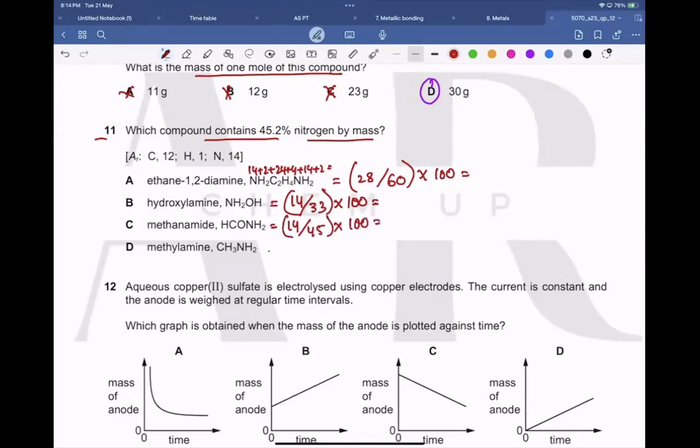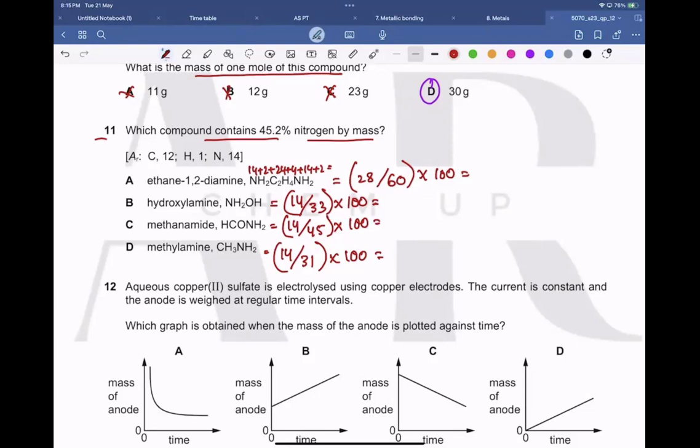And over here, 14, and carbon is 12, 13, 14, 15, 16, 17, and 14, 31. Okay, A is 46.6. B is 42.4.